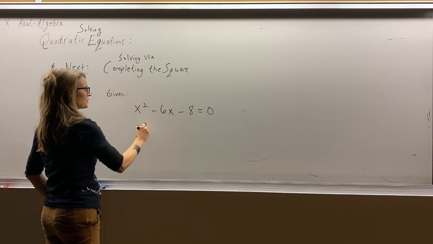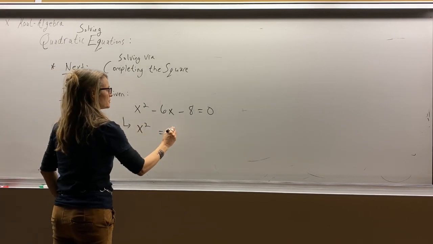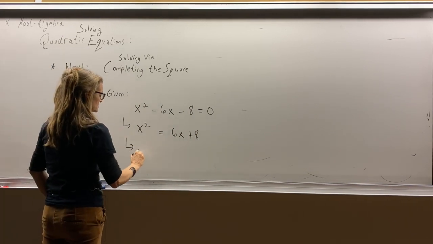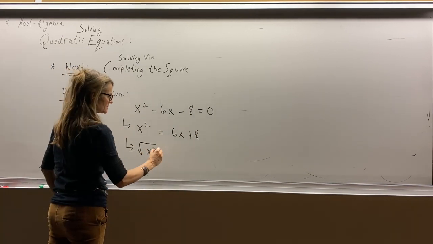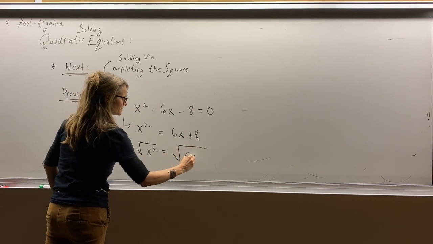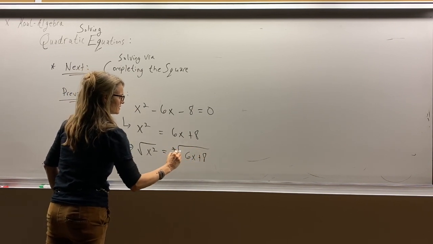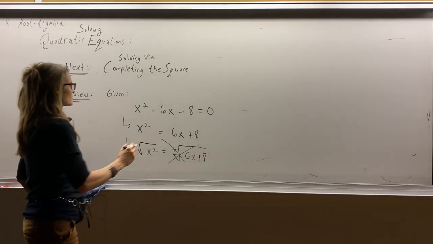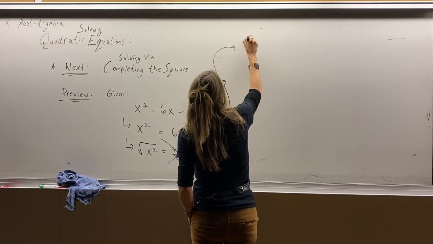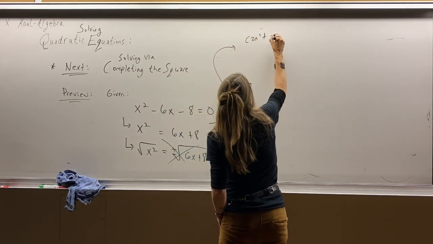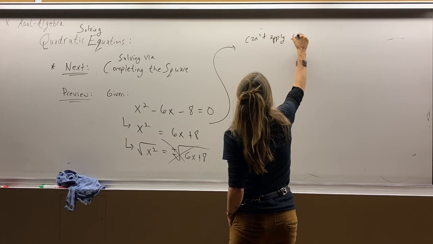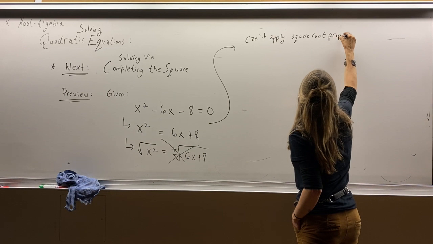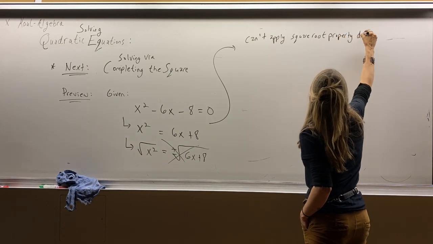If we were to move everything over, we would have 6x plus 8, and then we can't just go ahead and take the square root. We can take the square root of this side nicely with the square root here. That's not going to work, okay? So we can't apply the square root property directly.